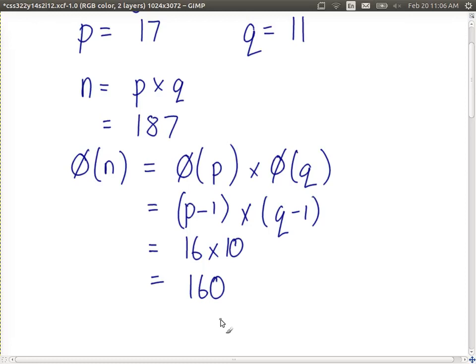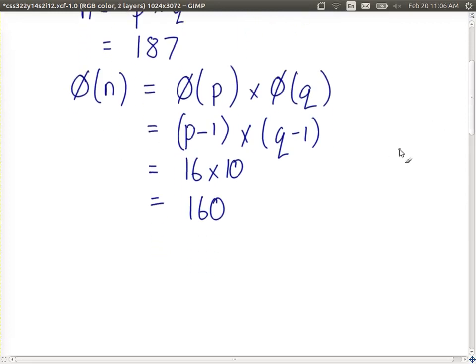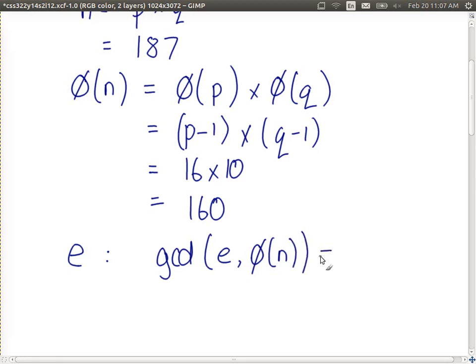Next step, let's introduce a new variable. E. We'll choose some variable e, and the conditions of e is that it's relatively prime with 160, our totient of n. Or relatively prime, remember, the greatest common divisor of e and the totient of n should be 1.